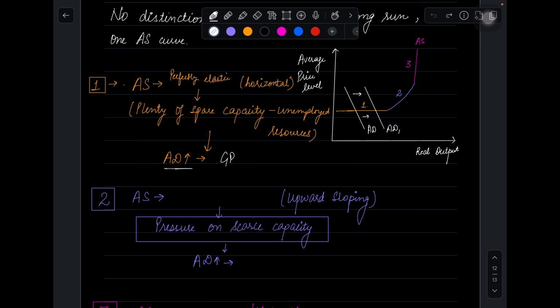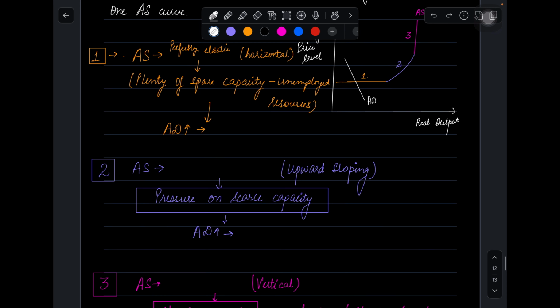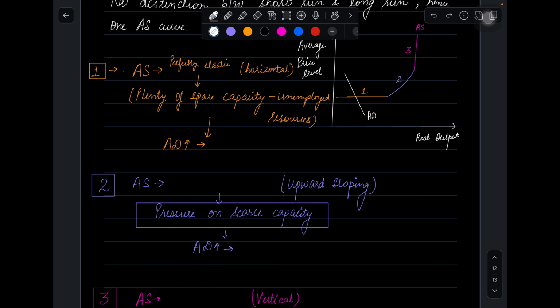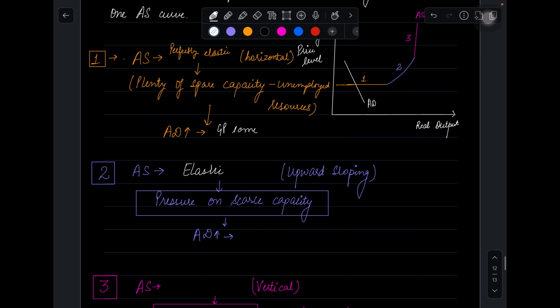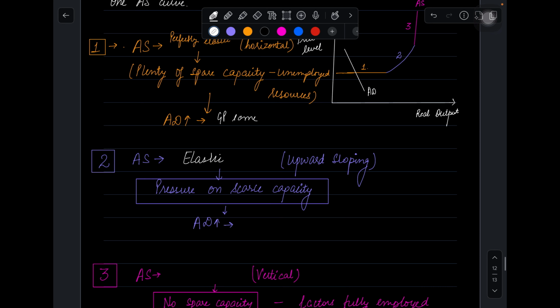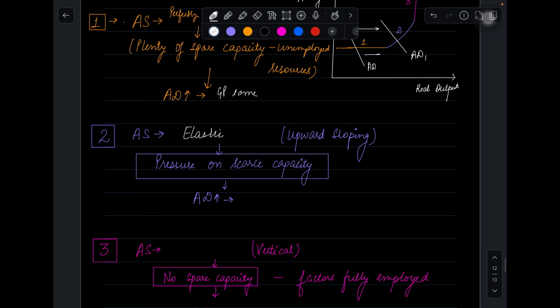Then in the second section, the aggregate supply curve is upward sloping. That means it is elastic now. If aggregate demand increases and goes to this section, here the spare capacity is there, but there is pressure on it.